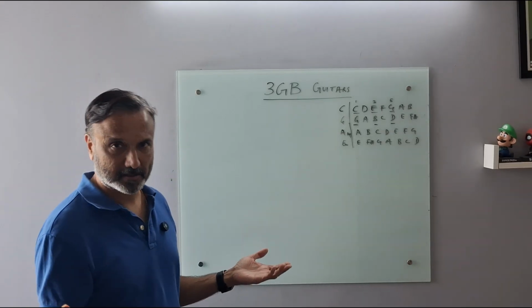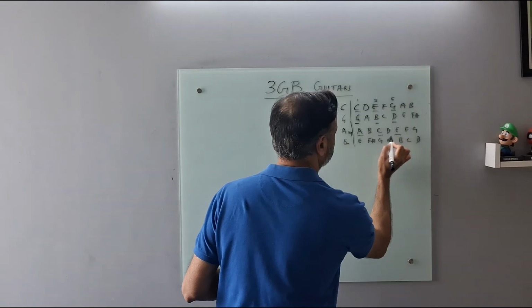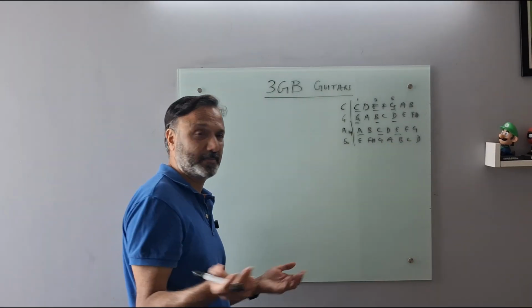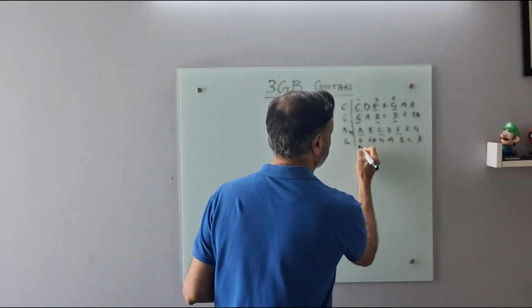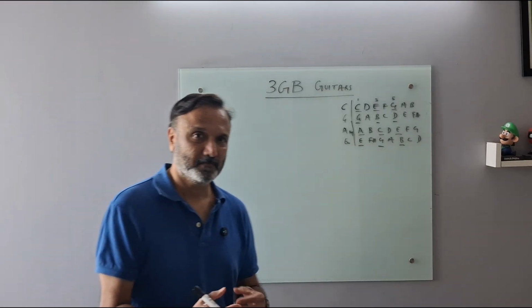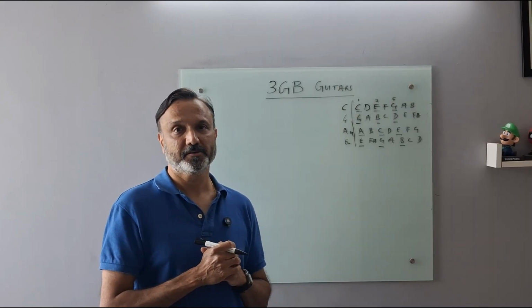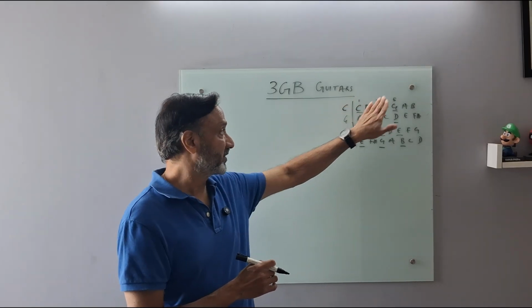So what's the A minor chord? First, third, and fifth. A, C, and E form the A minor chord. What's the E minor chord? E, G, and B. Okay. So chords, like I said, are just triads, typically 1, 3, and 5, which form the chord.